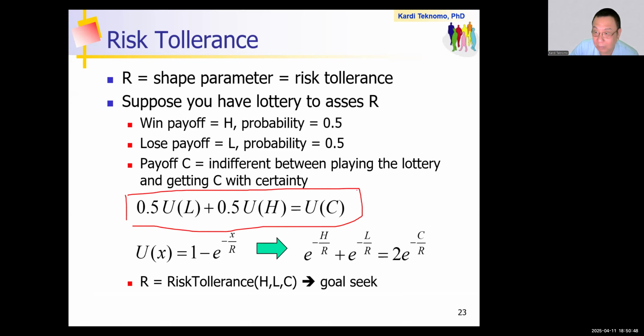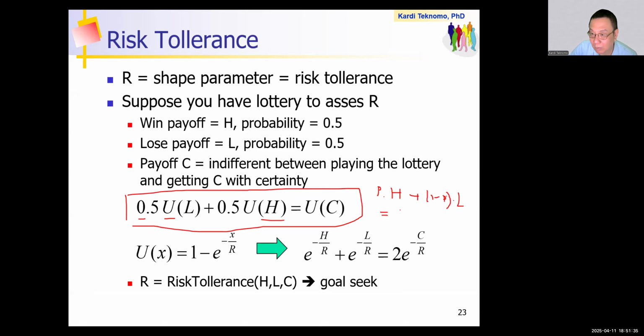We can say P, the probability of winning, multiplied by the utility of high, plus 1 minus P multiplied by the utility of low, and that's supposed to be the same as the utility of the certainty, the indifference.